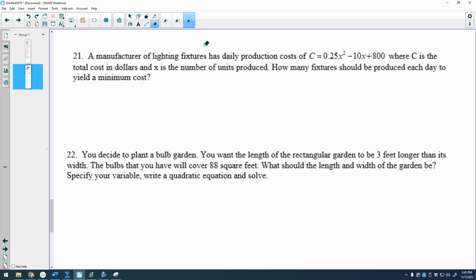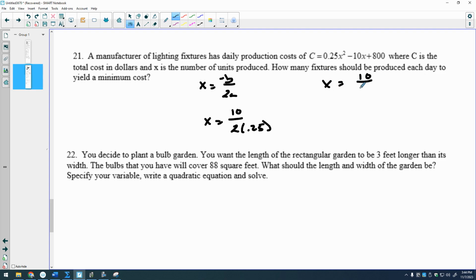So how do you find the vertex in standard form? x equals negative b over 2a. b is negative 10, so the top is 10. a is 0.25, and so my x equals 10 divided by 0.5, or x equals 20.